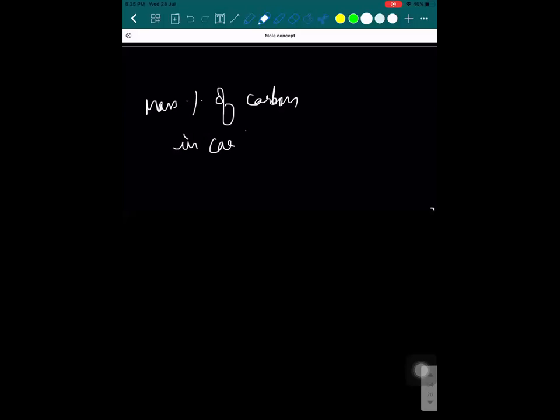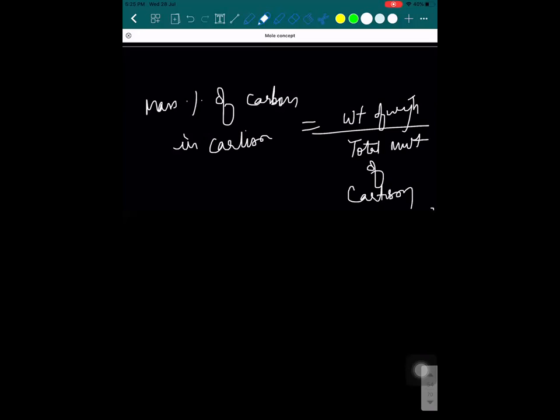Can I say the mass percentage of carbon in Cartesian is equal to weight of carbon divided by total molecular weight of Cartesian? Yes or no?